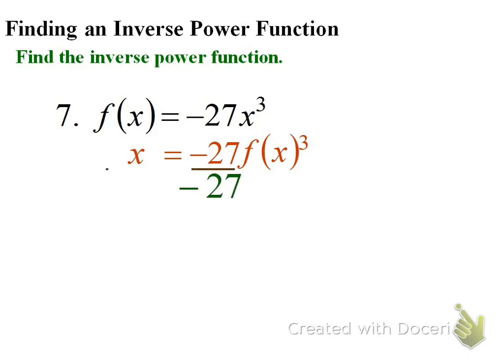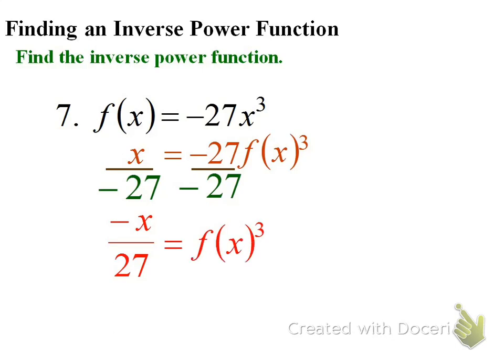Divide by negative 27. So a lot of you will have y to the third here. How do you undo taking something to the third? Cubed root. Good.